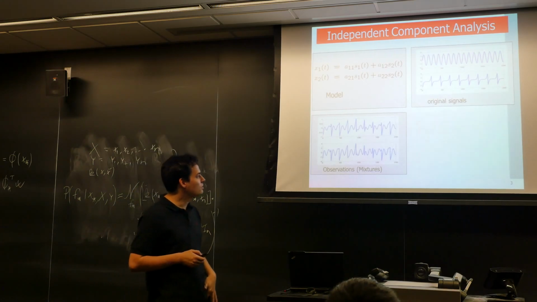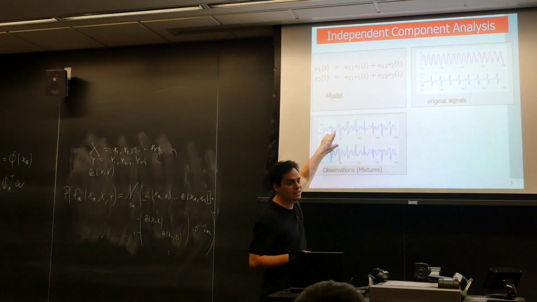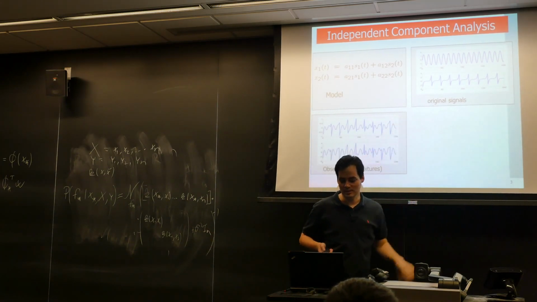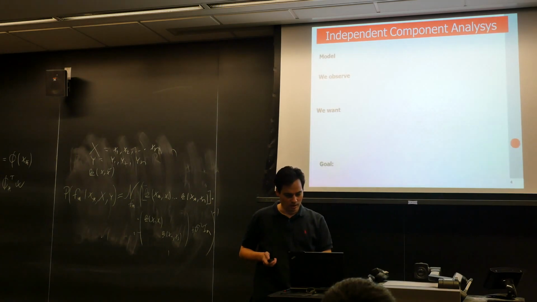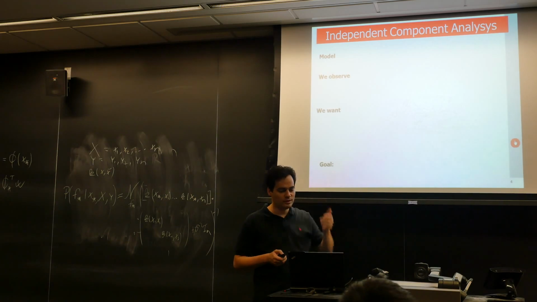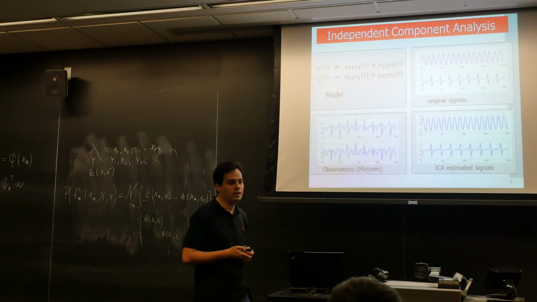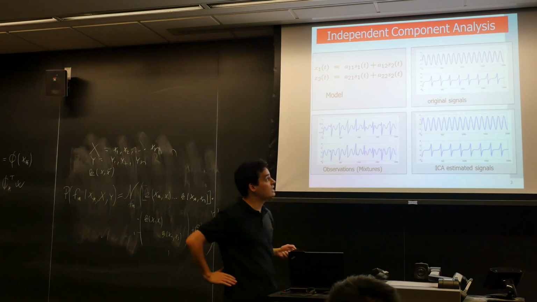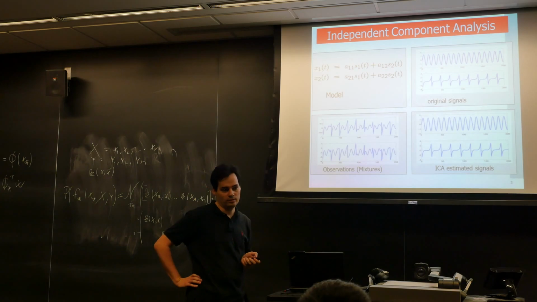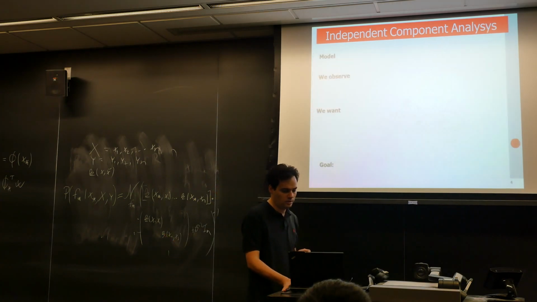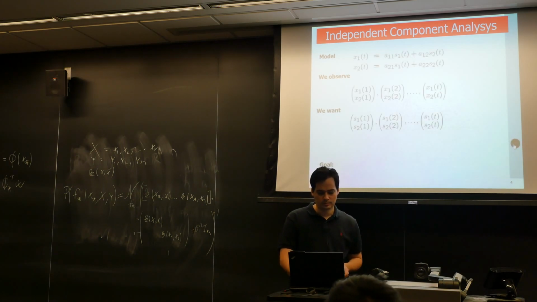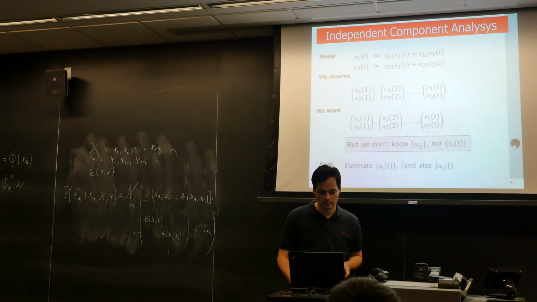It kind of looks magical, right? You just observe these two signals. How to estimate this? You must have some understanding of the original thing. So we need to make some assumptions to do that, otherwise we cannot do it. The assumption we are going to make is that the two signals are statistically independent from each other, and we will discuss that.